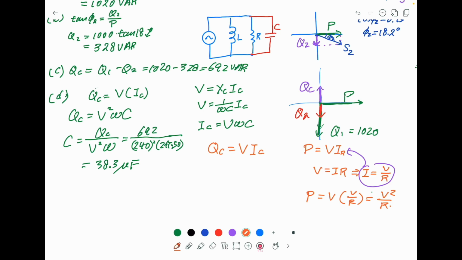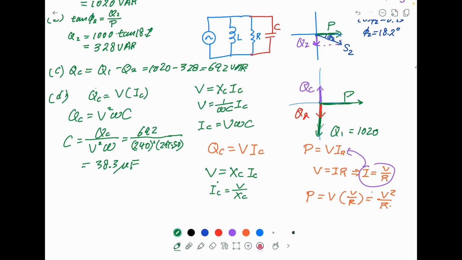So V here, the Ohm's law for the capacitor, is XC times I, where this I is the current passing through the capacitor. IC equals V over XC.